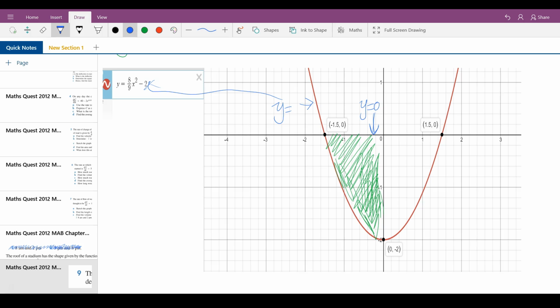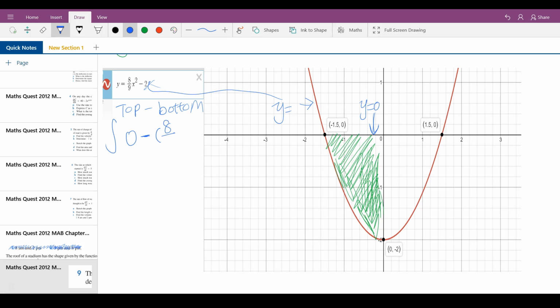So to integrate that, you need to go top minus bottom, which will be 0 minus whatever the rest of the other equation is.